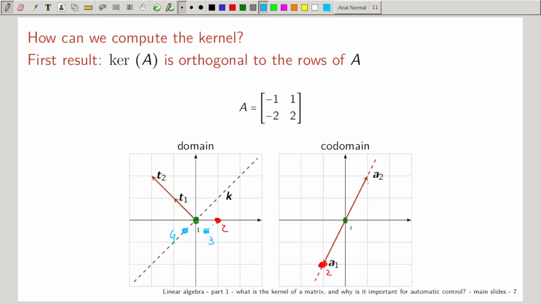Point 4 goes mapped into 0, true? Point 3 is the sum of this plus this. Sum of the causes will mean sum of the effects, true? Point 3 is going to be here too. Do you see it?